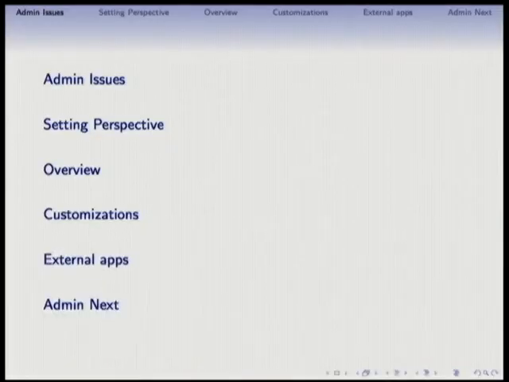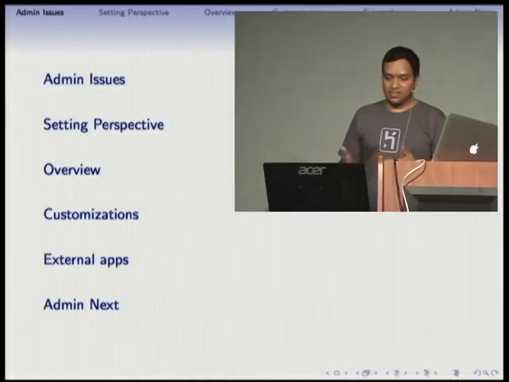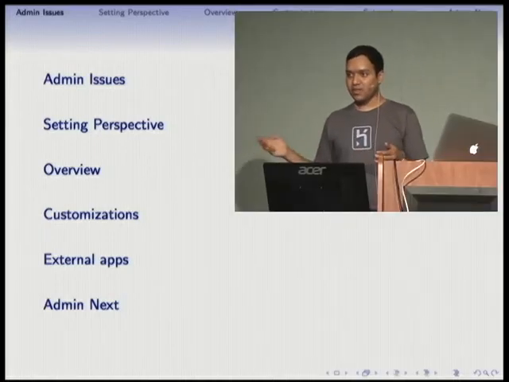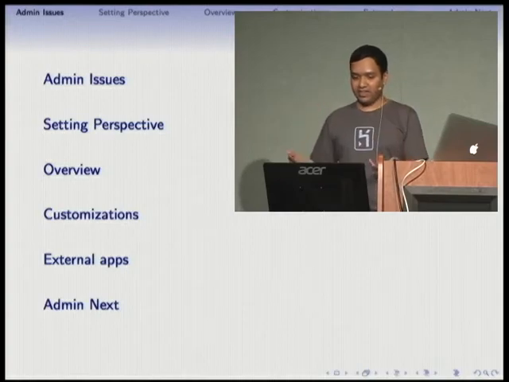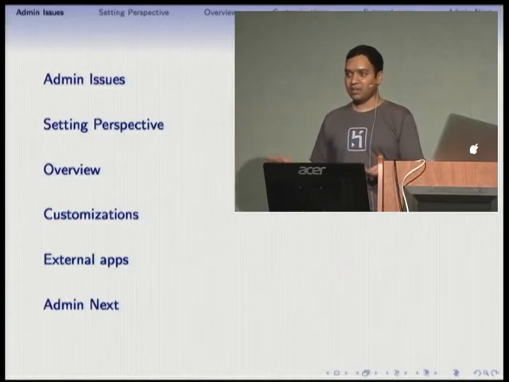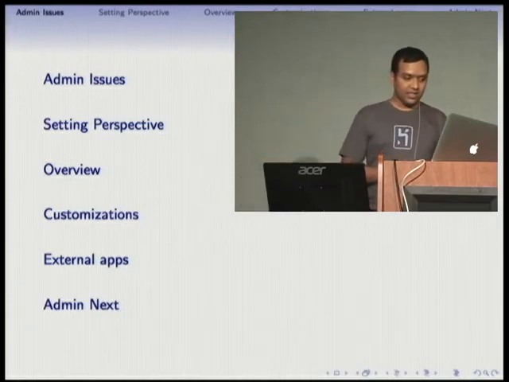So we just went through some of the commonly perceived issues of admin. Over the rest of the 20 minutes or so, I'm going to cover the most important thing, setting the perspective. We will also look at what things Django admin actually gets right, so the things that it lacks don't really matter. Once you start doing customizations, you will know how to make it clever if you look at it rightly, and you will also find a lot of external applications that aid you in doing it.